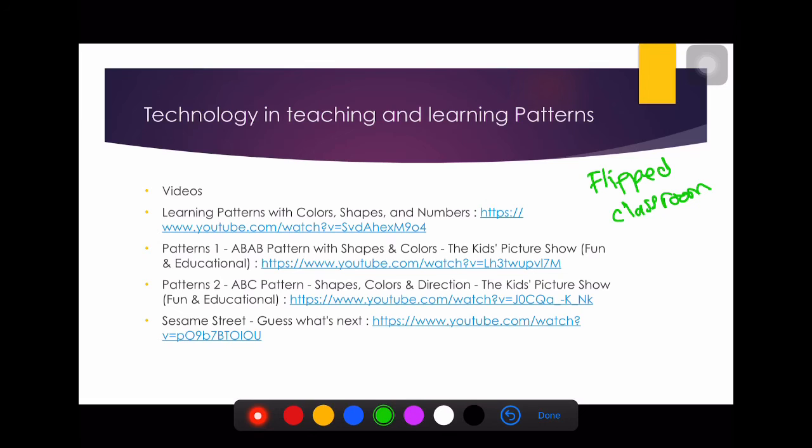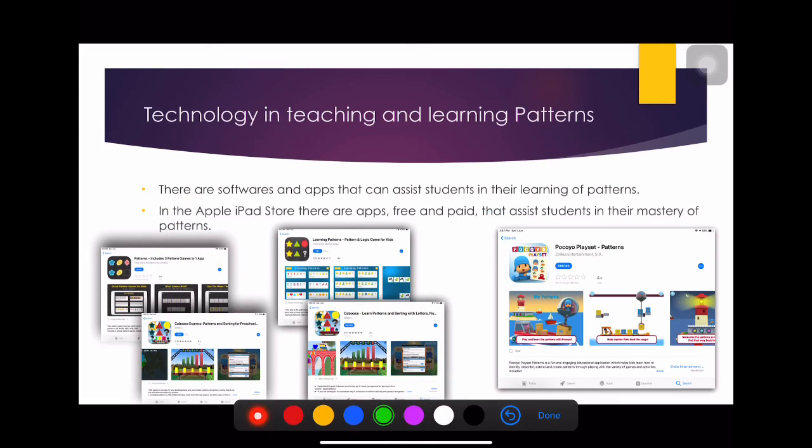And for videos, you have several videos over here, some of which we have seen, and also you can use software or applications or apps. Here are some apps which you can find in the Apple iPad store, just in case you are going to teach in a school where they are using one-to-one iPad.